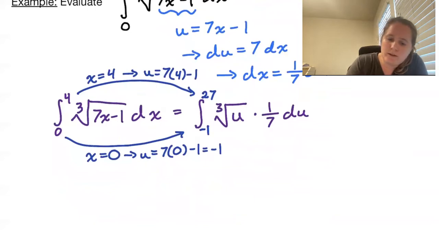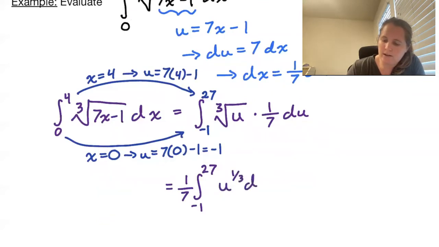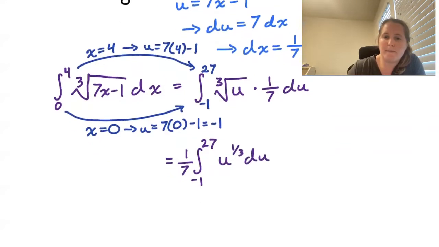So at this point, again, this is the same thing as the definite integral from -1 to 27. I forgot to pull my 1/7 out front. So this is equal to 1/7 times the definite integral from -1 to 27 of the cubed root of u, otherwise known as u to the 1/3 du.